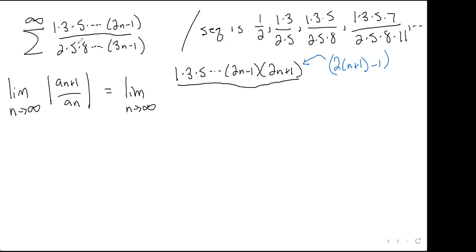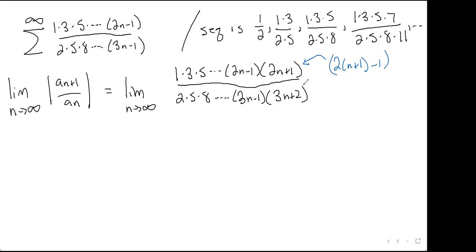And the same basic move is on the bottom. Starting at 2, we're going up by multiples of 3. We get to this 3n minus 1. But if we put an n plus 1 in here and simplify the expression, we get 3n plus 2.